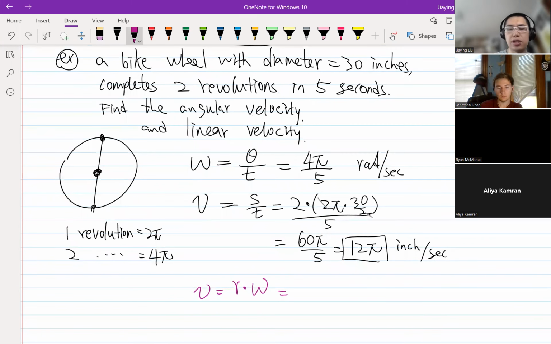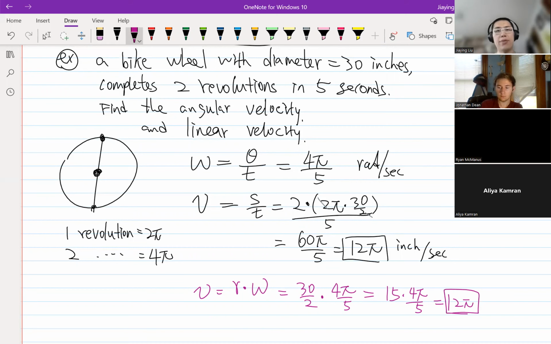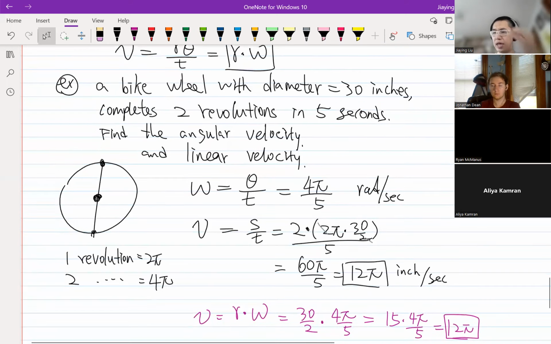The radius is 30 over 2, which is 15, times 4 pi over 5. 5 cancels, so that's 3 times 4, which is 12 pi. So we get the correct answer with both methods. Anyway, that's just the angular velocity and the linear velocity on the circle.